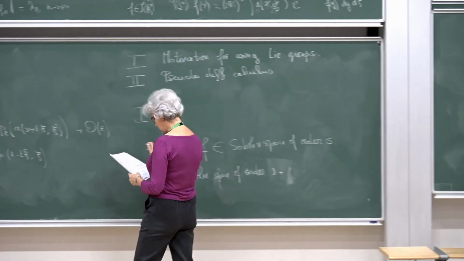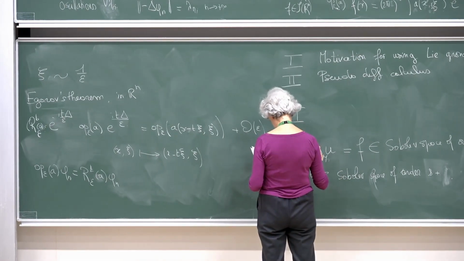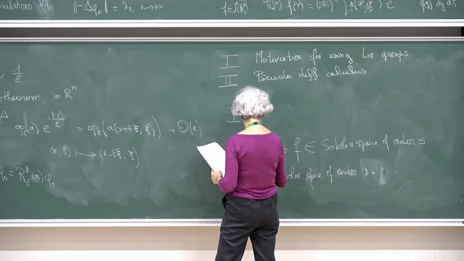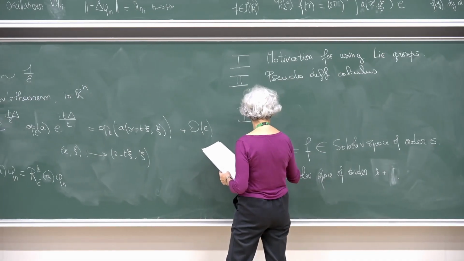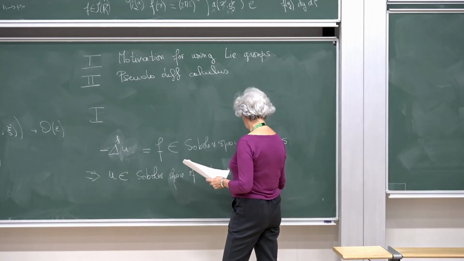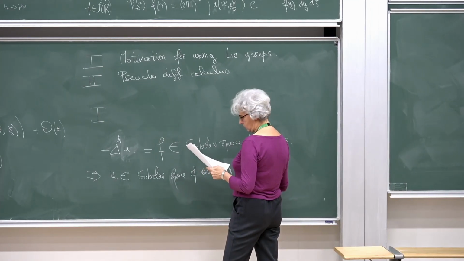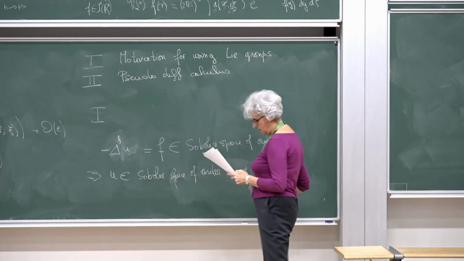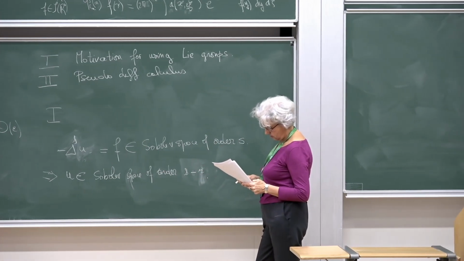So I can write it as S minus something, with a fraction. U is still more regular: S plus something, and this something is smaller than 2 and depends on R, so 2 over R.